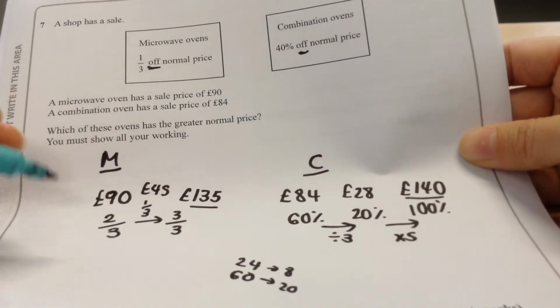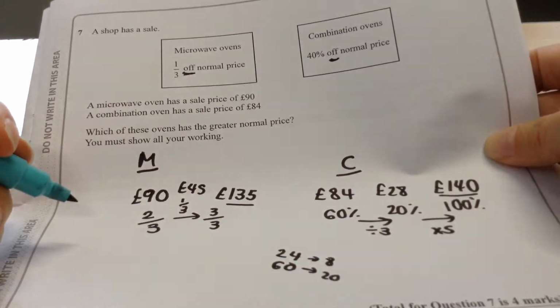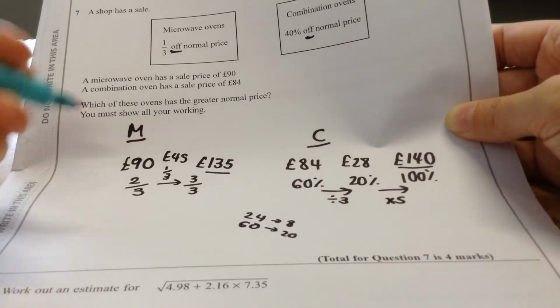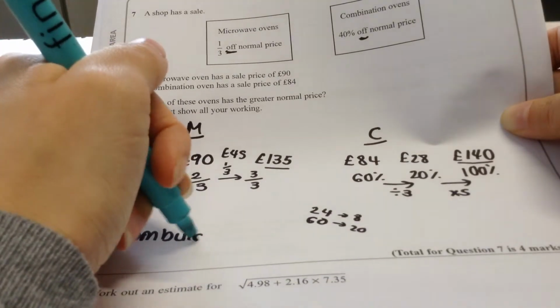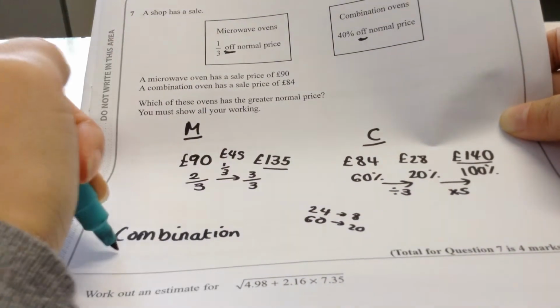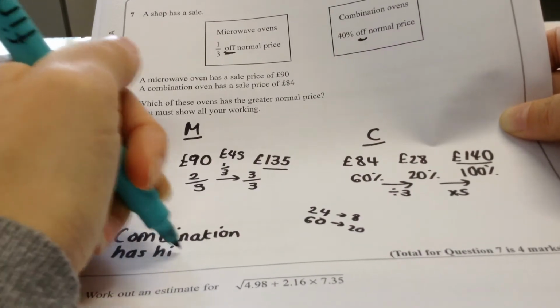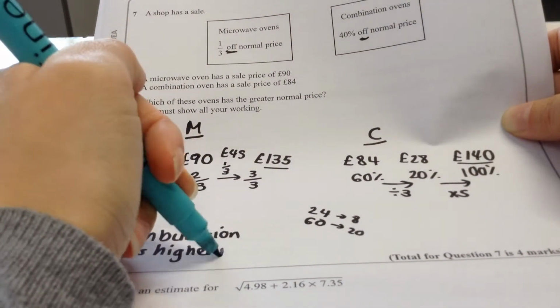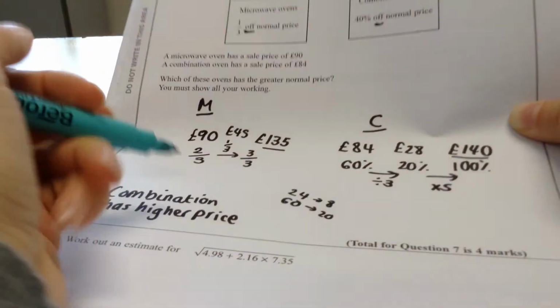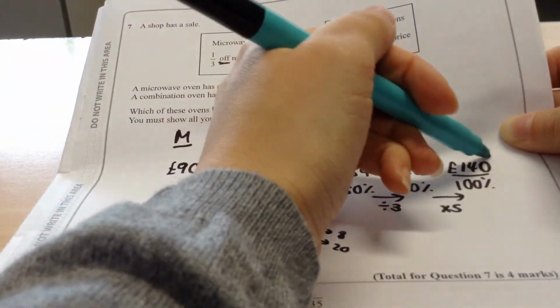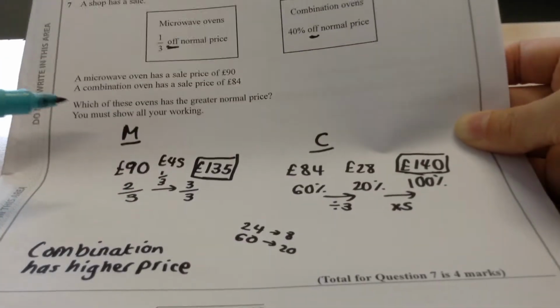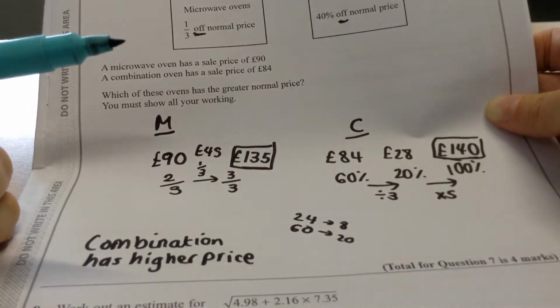Okay, so I have to then say which has a greater price. I'm going to write combination has higher price. And because I've got that and that nice and visible, I know I'm going to get all the marks for that.